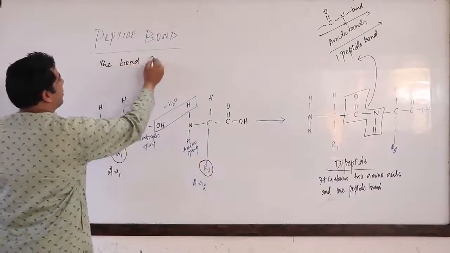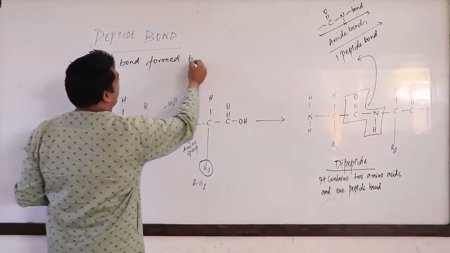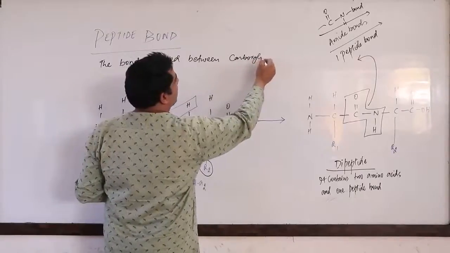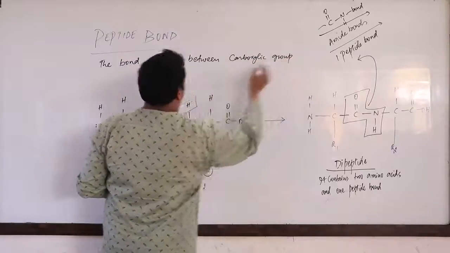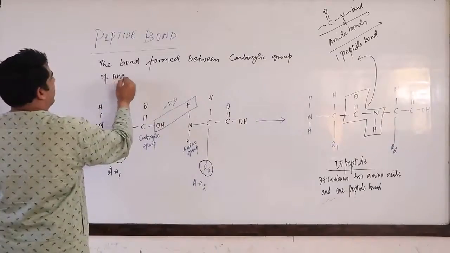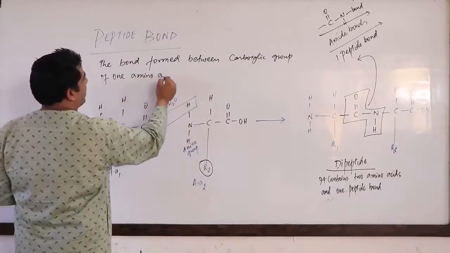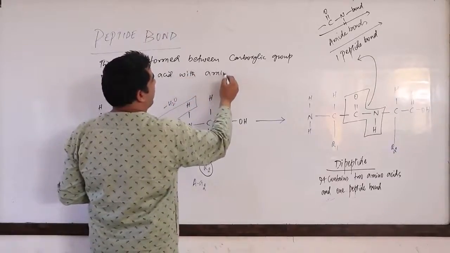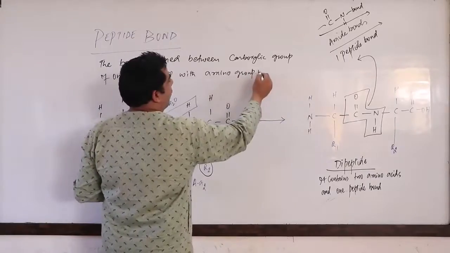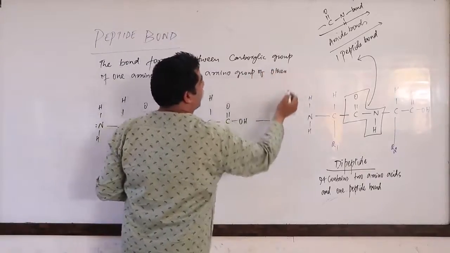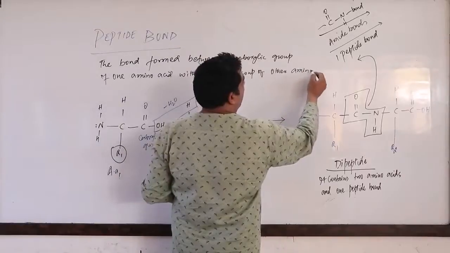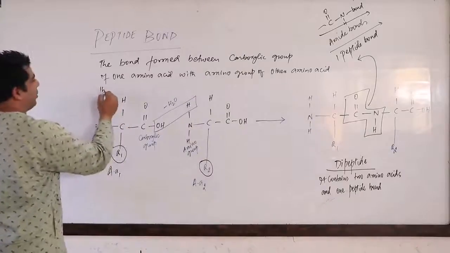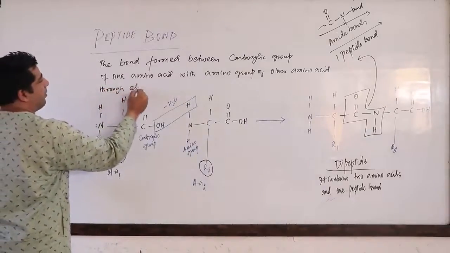The bond formed between a carboxylic group of 1 amino acid with the amino group of another amino acid through elimination of water.